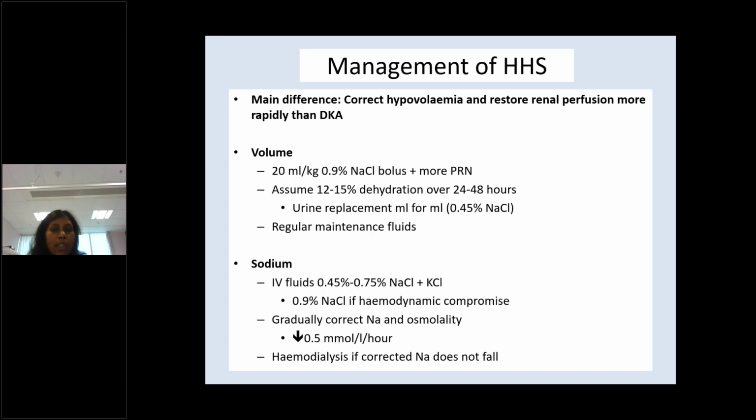So in terms of the sodium, initially, from 0.45 to 0.75% sodium chloride in KCl. And then only if they are hemodynamically compromised, then we use 0.9% sodium chloride. Again, as we discussed earlier, correct the sodium gradually. And if it is not possible, then we may have to go through the dialysis route.